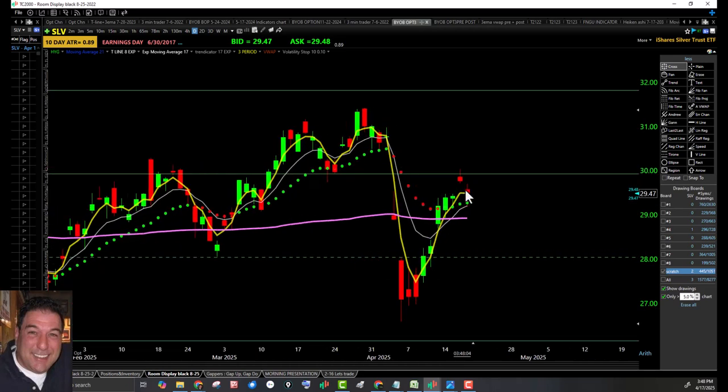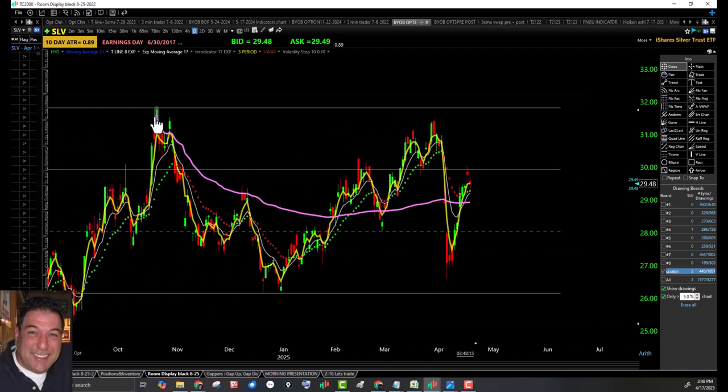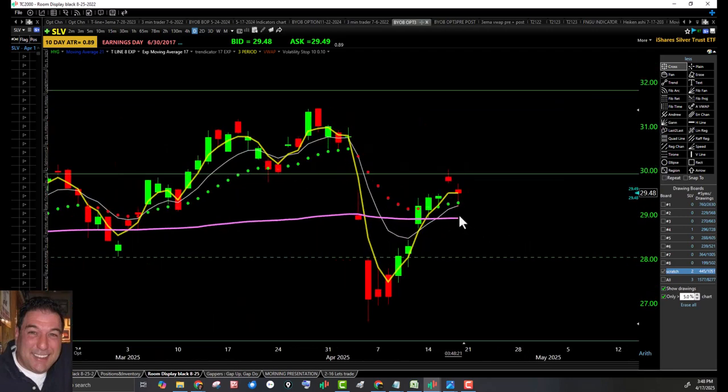And silver puts in a lower high and a lower low, closing inside a bullish trap over the hooking 17, over this 6-month high, as well as a 12-year high anchored VWAP. Over that 6-month high anchored VWAP, that's bullish.